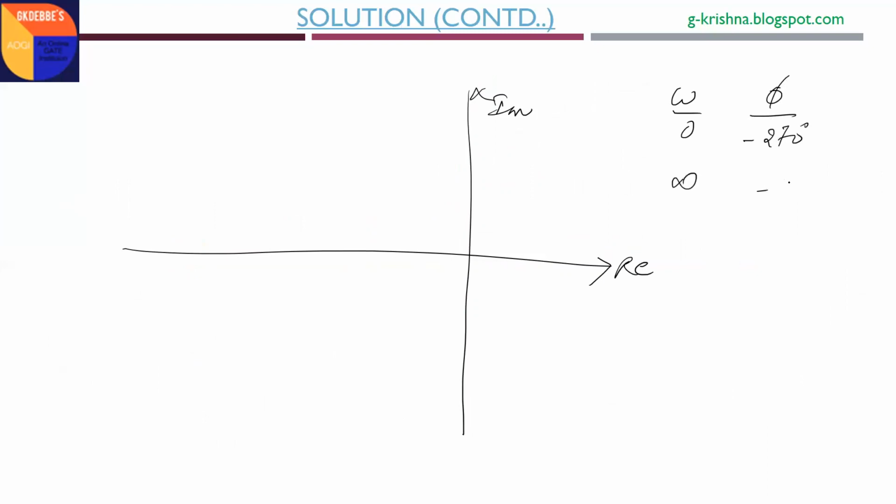At infinite frequency also minus 270, but for the remaining frequencies, we have already shown the phase plot increases and decreases, but cuts minus 180 degrees 2 times. Therefore, the plot starts at minus 270 degrees here and cuts minus 180 degrees, or the negative real axis, 2 times. One time already cut, the second time cuts and reaches here. So this is the polar plot as omega varies from 0 to infinity.